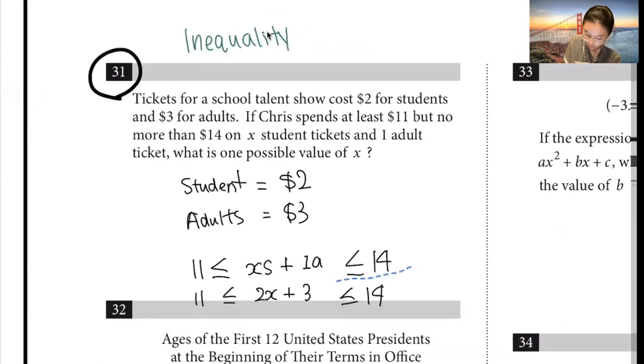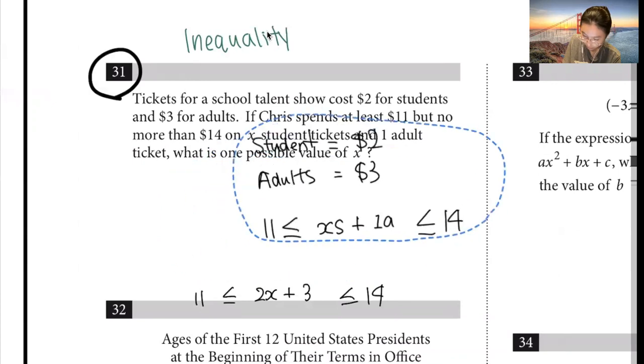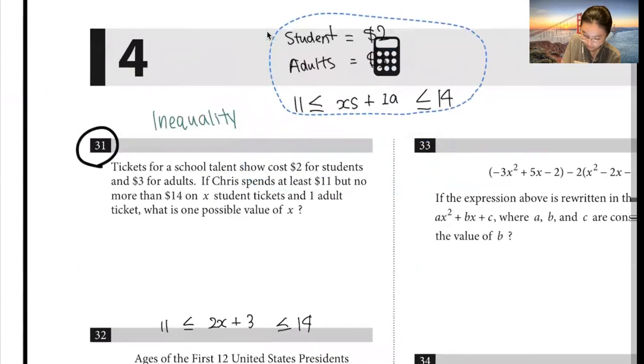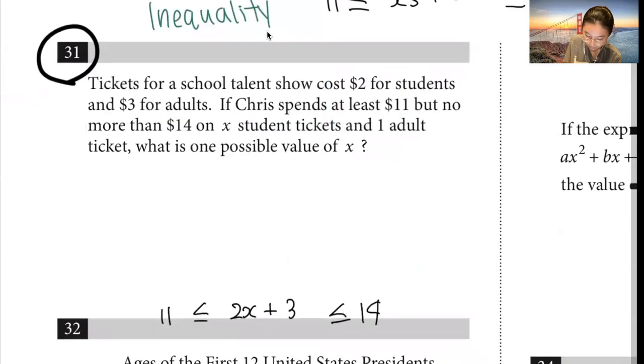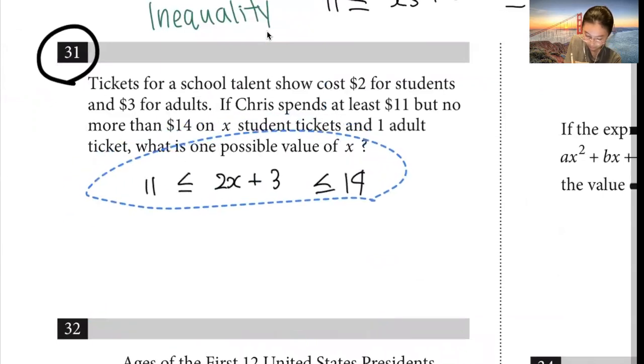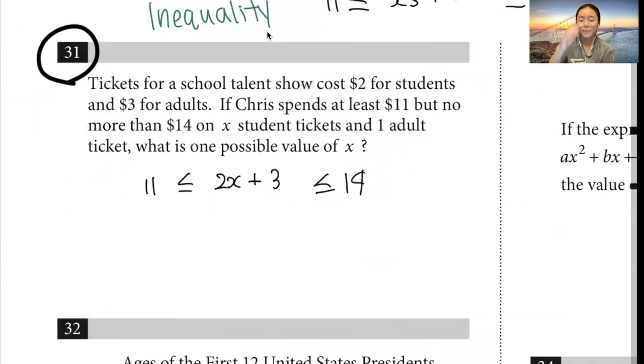So what we need to do is move this right here. What's best when you see inequalities like this, where two are merged together? It's usually best to split them apart.